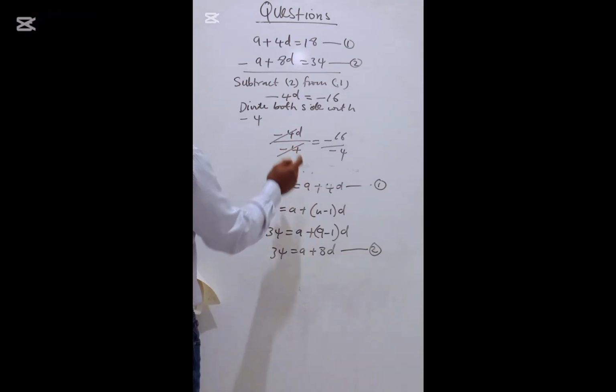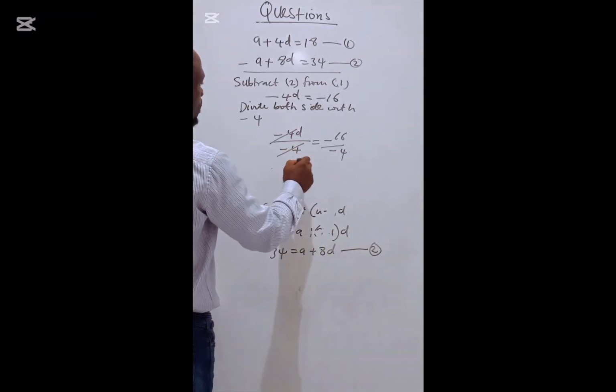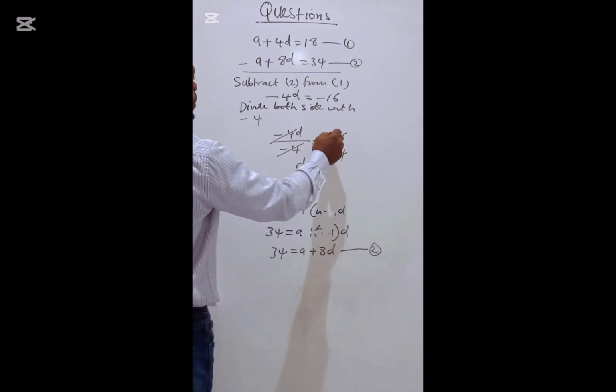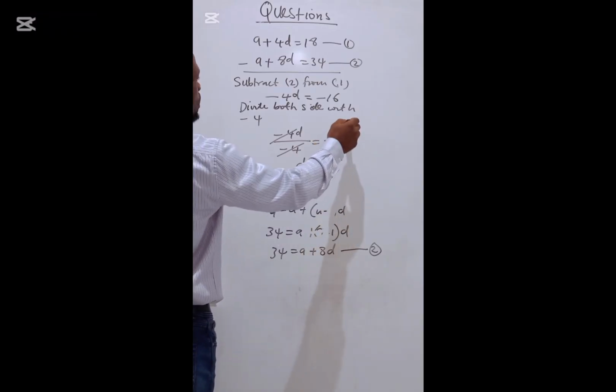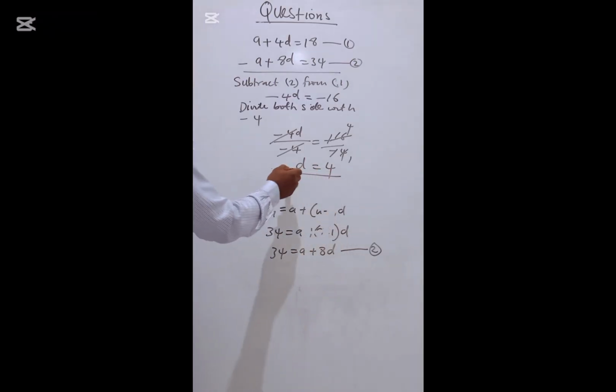Minus 4d will cancel out minus 4. d is equal to, minus 4 into minus 16 is 4. Therefore, our common difference is 4.